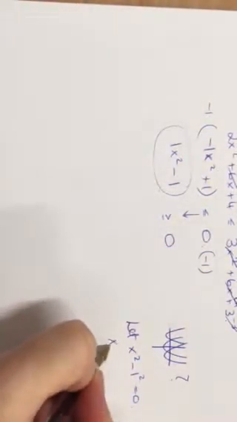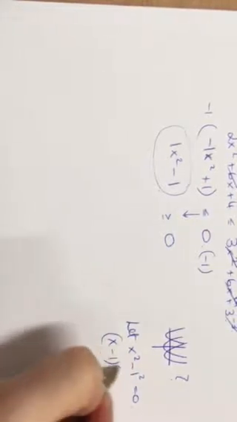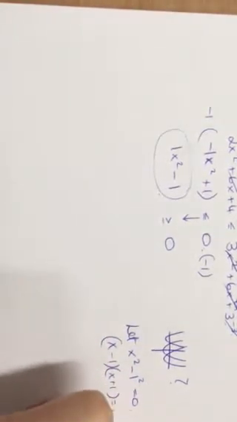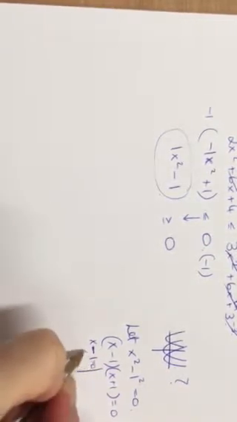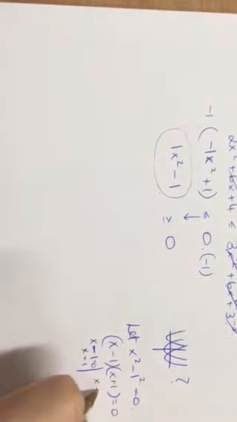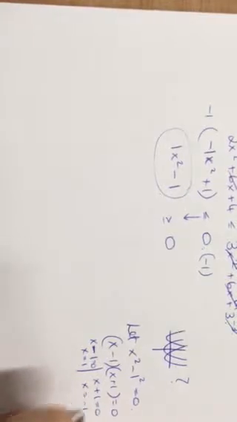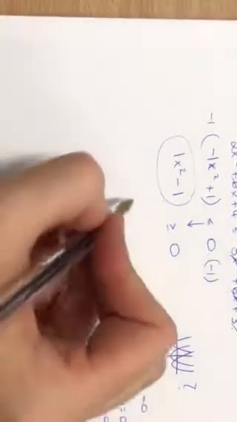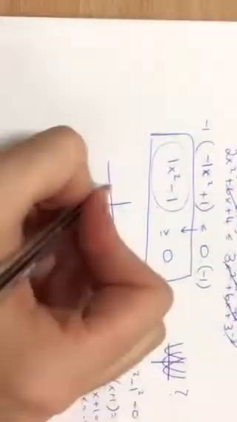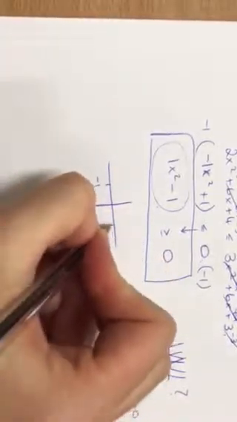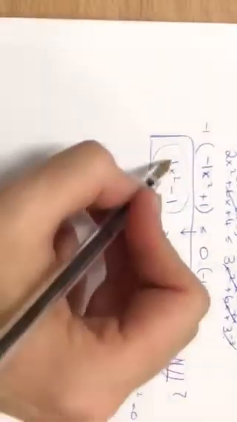Because it's the difference of two squares, I put down my two brackets, first minus the second, first plus the second, and I let each factor equal 0. I find my roots are minus 1 and 1. So when I go to sketch this, the roots are minus 1 and 1, and I know it's a U shape.